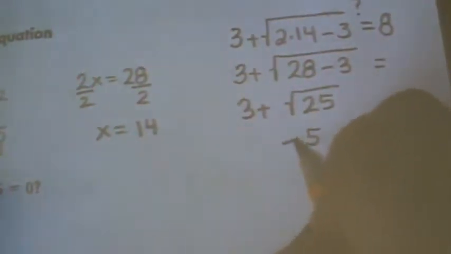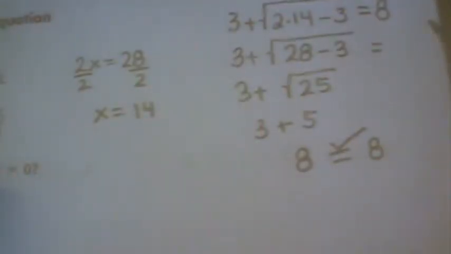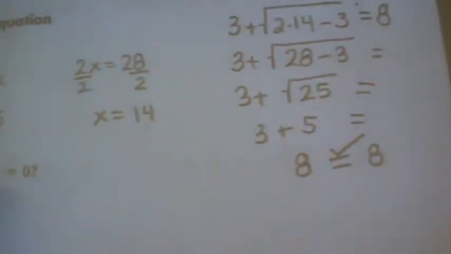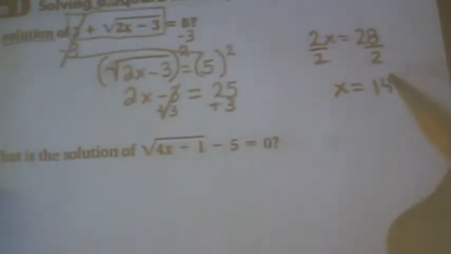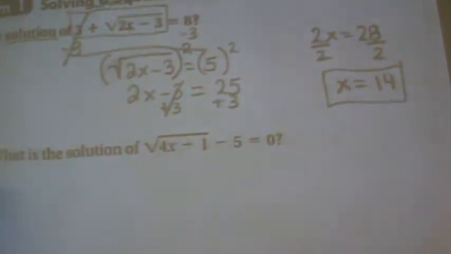And what is 5 plus 3? It is 8. Does it work? Does 8 equal 8? Yes. 8 is 8. So, the number we were looking for was 14. That was our gift.